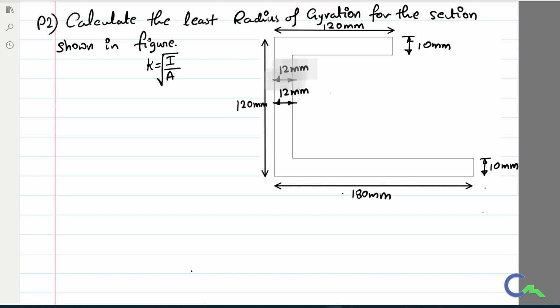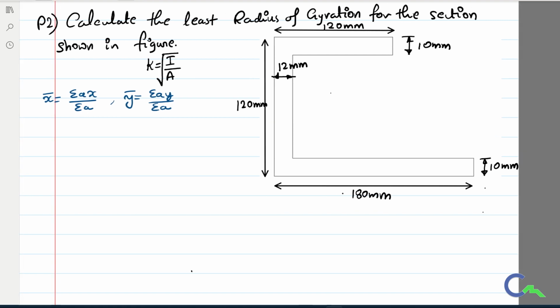Therefore, the first step is to locate the centroid. For that I have to use the formula x bar is equal to sigma A into x divided by sigma A, and one more formula, y bar is equal to sigma A into y divided by sigma A.